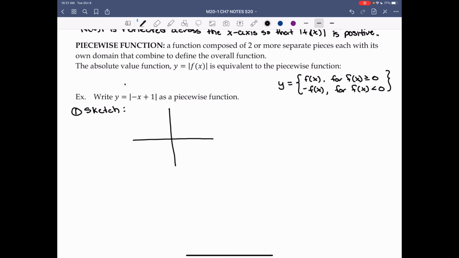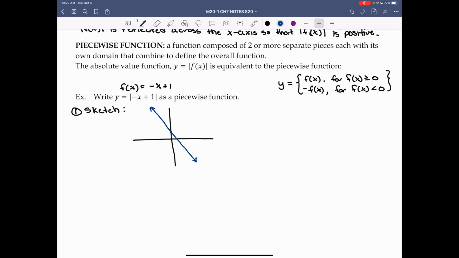So f of x would equal negative x plus 1. So we just drop the absolute value symbol and we do the inside. So negative x plus 1, that has a y-intercept of 1 and a slope of negative 1. So as we move to the right, it's moving down. So it's going to look something like this.